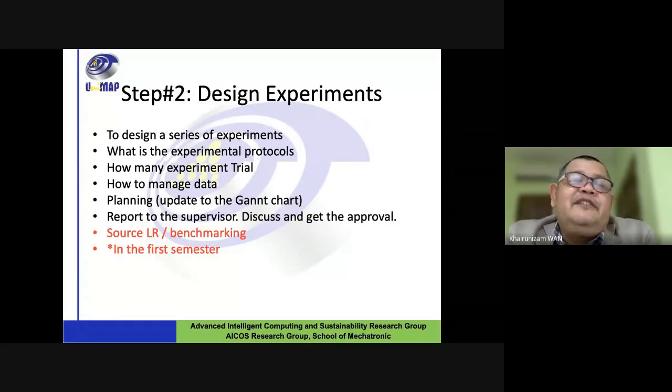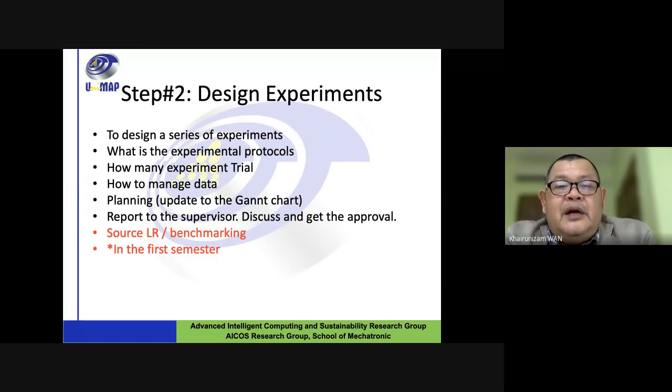So how many experimental trials in the design experiment? We already decide this in the hypothesis. For example, to recognize emotion based on facial expressions, is it enough to use only one trial, one capturing, or 2 trials, or 3 trials, or 10 trials, or 100 trials?